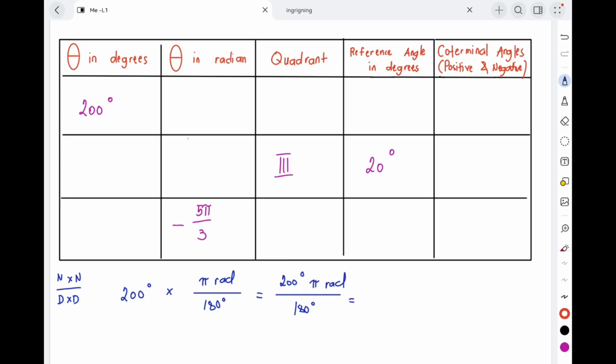So what is cancelled here is the degree symbol. And then 200 divided by 180, they are both divisible by 20. So 200 divided by 20 is 10, all over 180 divided by 20, which is 9. So 10 pi over 9. So the conversion of 200 degrees is 10 pi over 9.